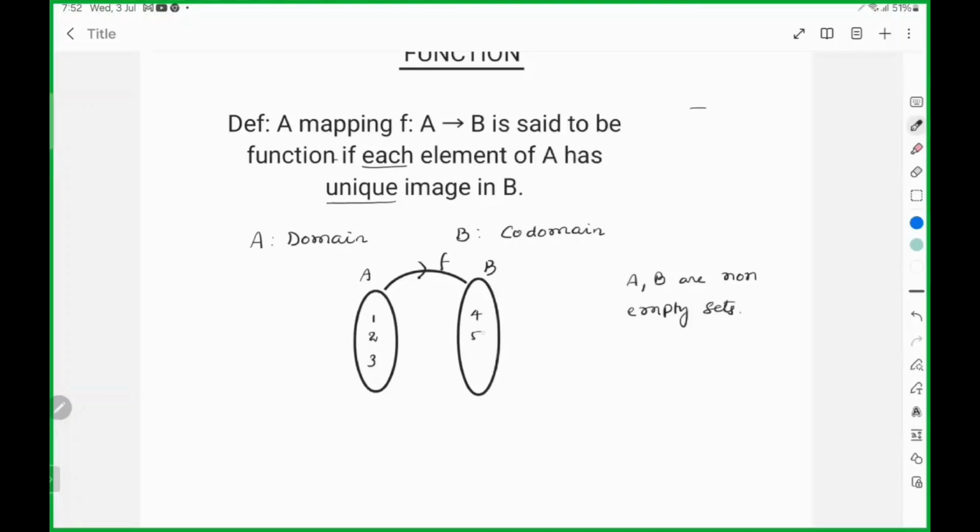So if I write 4, 5, 6, 7, 1 has an image 4, 2 has image 5, 3 has image 6. So each element 1, 2, 3 has an image, and 1 has only one image, 4. So this mapping is a function.